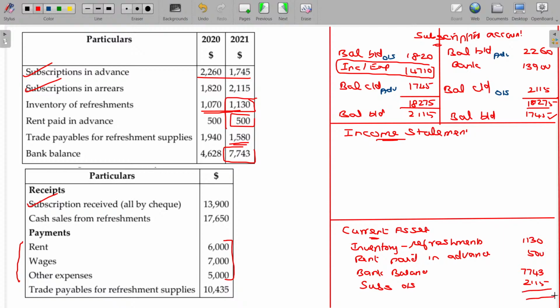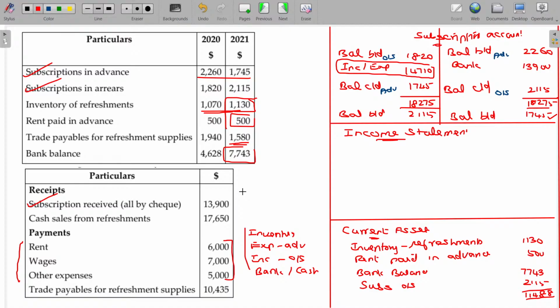If I tally this, the total being 11,488. So in current assets, any inventory at the year end, expenses paid in advance, and income outstanding, these are called your current assets. And apart from that, bank and other cash balances. These are the items that fall under current assets.